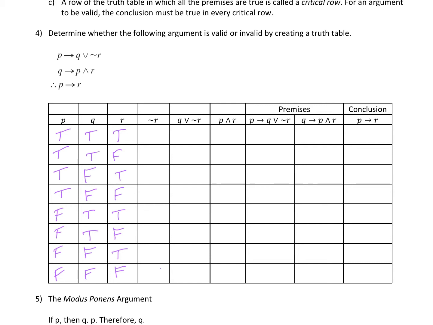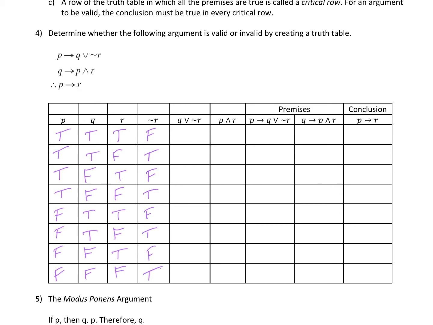Now I'm going to fill in not R. So I'm working on building the first premise. So I do the not first, then I do the or, and then I do the implication. Okay, so not R would be false, true, false, true, false, true, false, true.